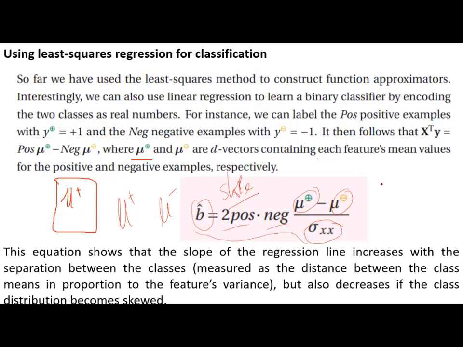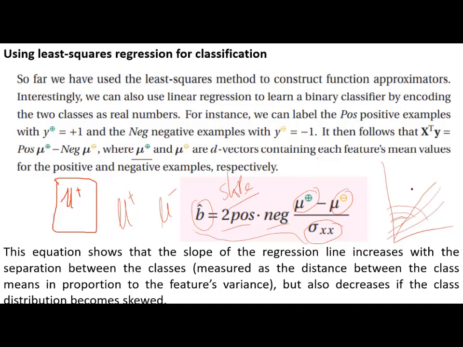This is the regression line, and this is called the slope. If the slope of the regression line increases, the separation increases. This is how our line would be. See, this is another slope.